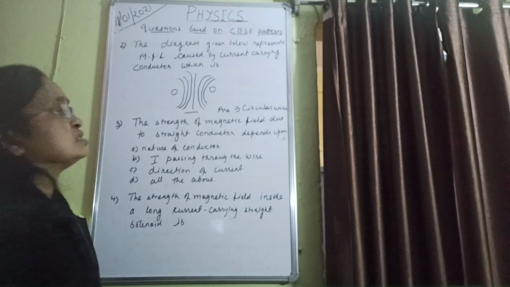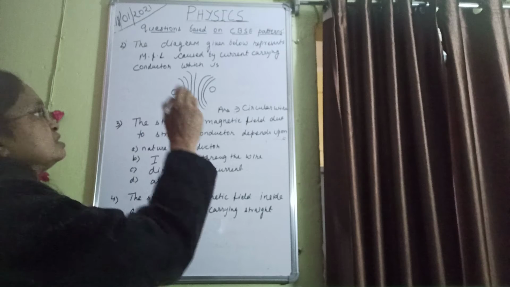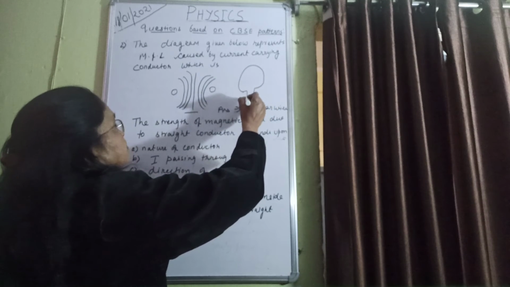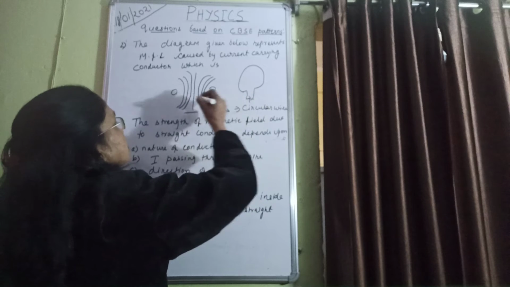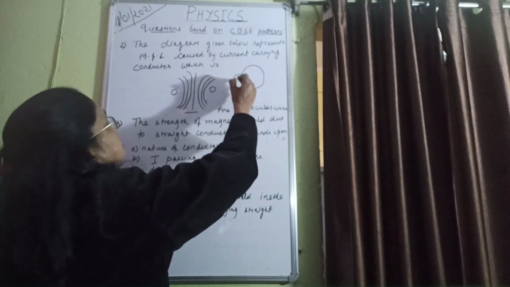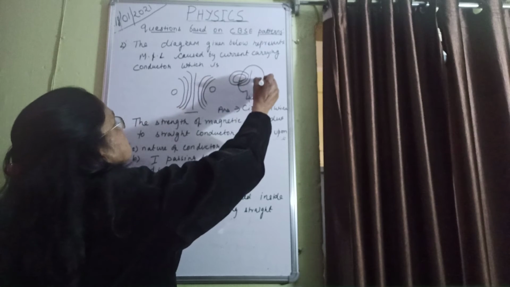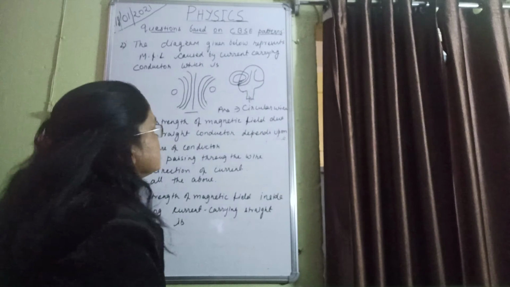So this is a circular wire. If you draw this circular wire, then you will get the magnetic field lines like this, concentric circles, and in between it will go just straight.